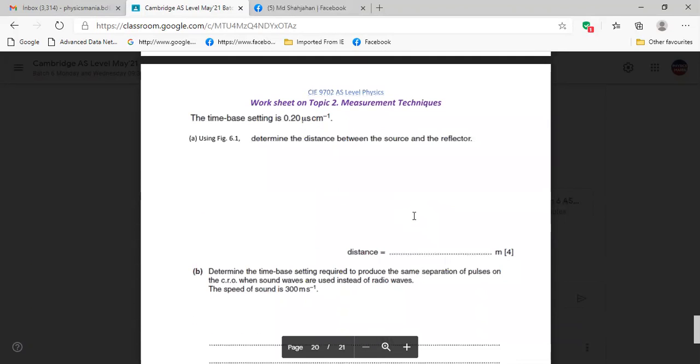Using figure 6.1, determine the distance between the source and the reflector. The time-base setting is given: the time-base setting is 0.2 microseconds per centimeter.